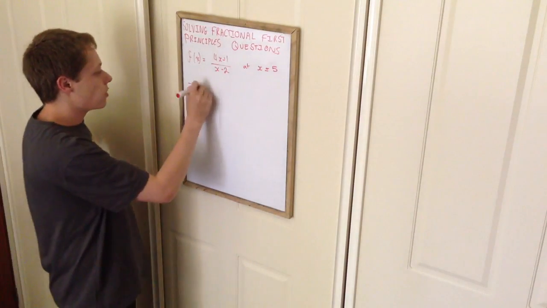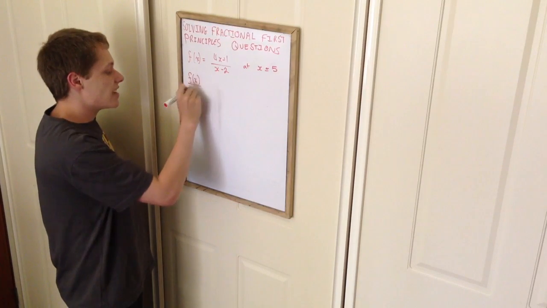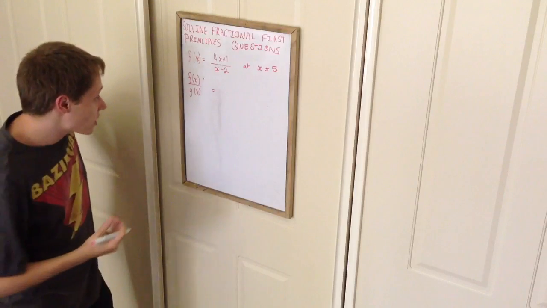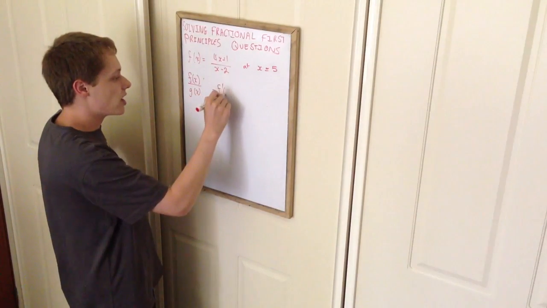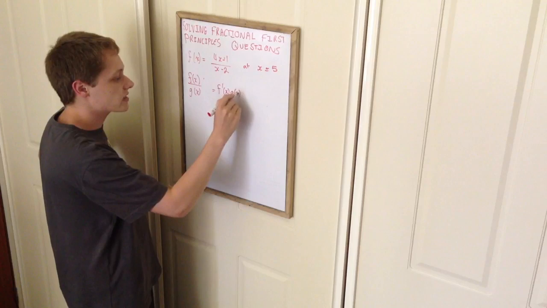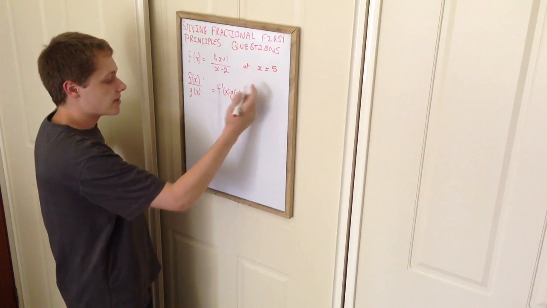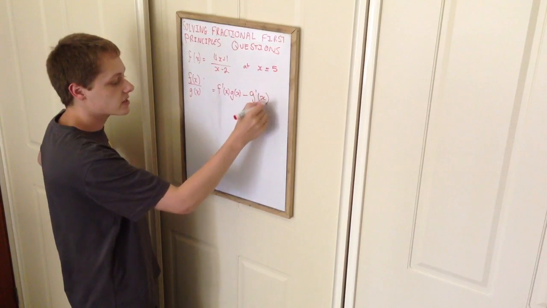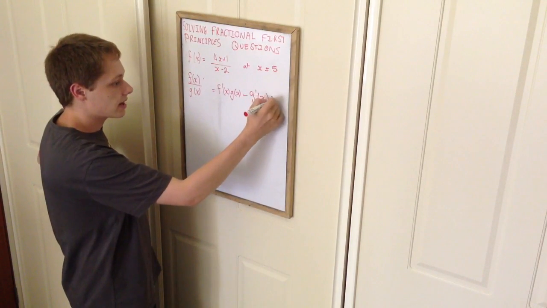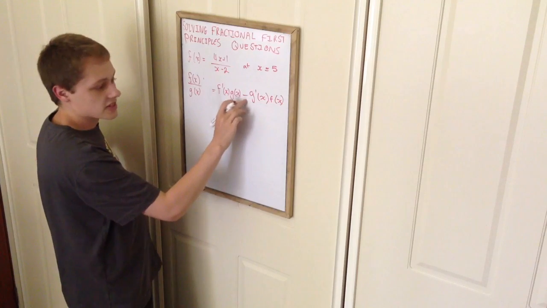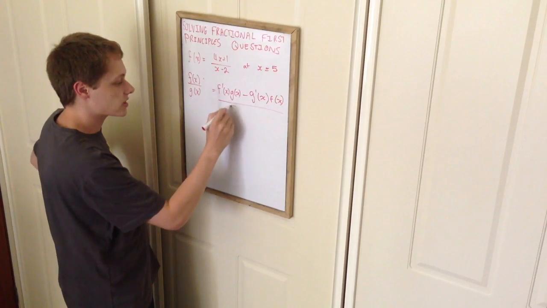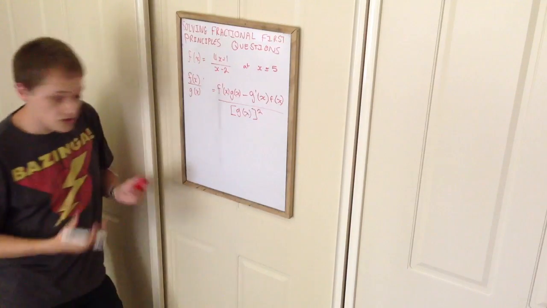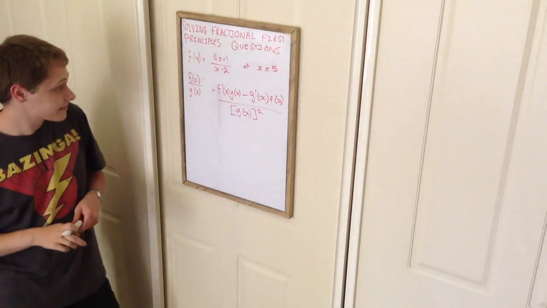So, the quotient rule: the derivative of f of x over g of x is going to be f prime of x times g of x, minus, sorry, it's actually take g prime of x times f of x. Sorry about that, but it's actually take. Just want to make sure that's nice and clear there. And that's all over just g of x as a normal term squared.